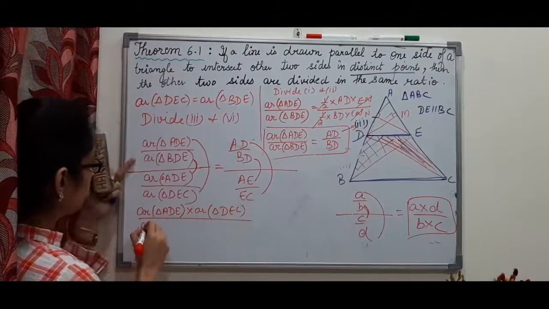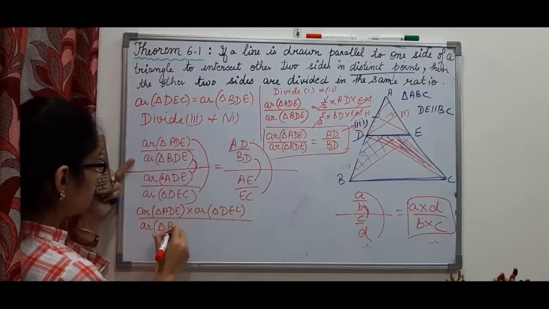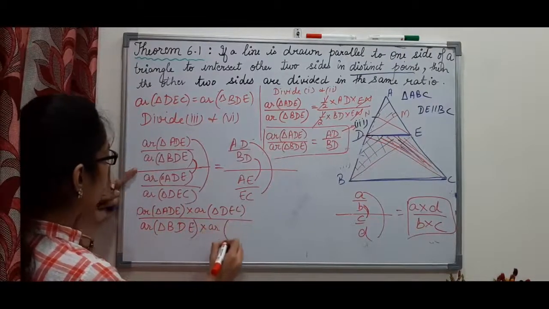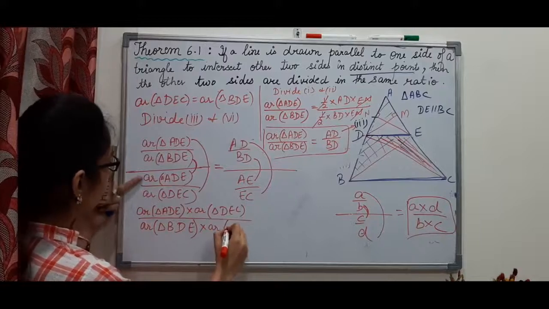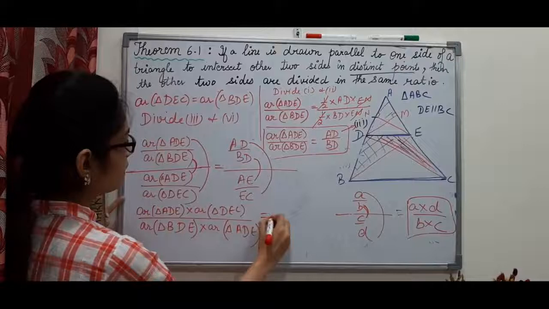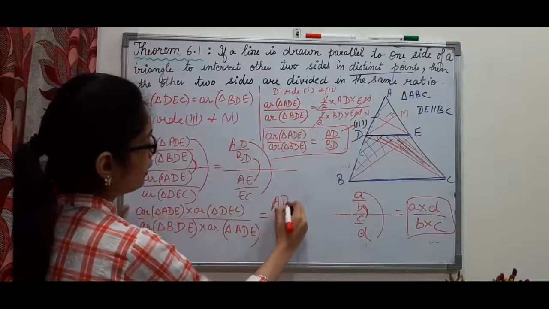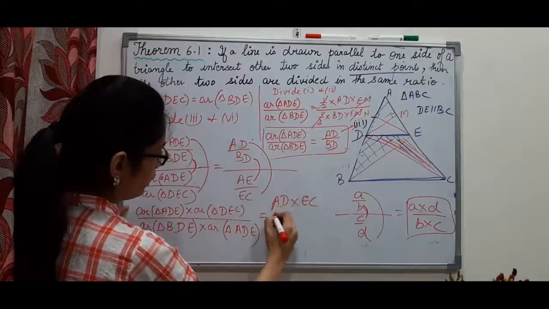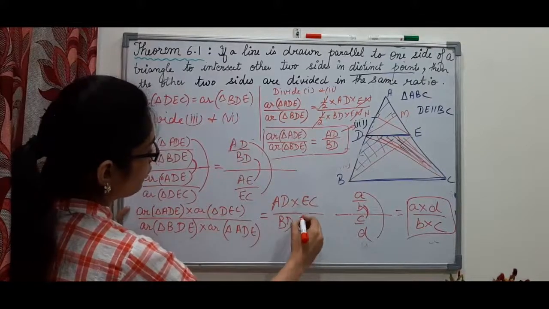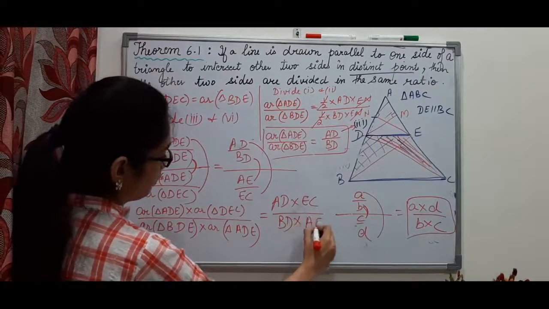Inner terms now, area of triangle BDE into area of triangle ADE, both inner terms. Now on this side, AD into EC, outer terms, BD into AE.